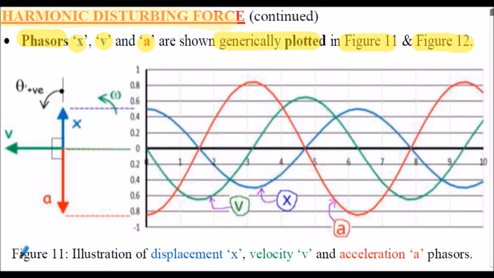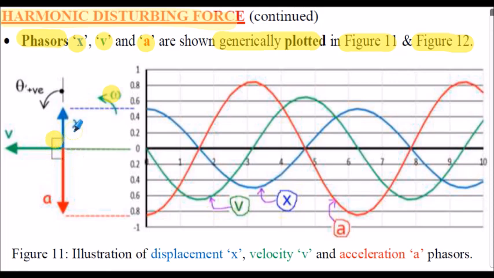Here is figure 11. So again, these curves have been extracted from our previous SHM presentation, but on the left hand side of the diagram I've put the three phasors, and notice they're at right angles to each other. As the phasors are rotated with angular velocity omega, they remain at right angles to each other.